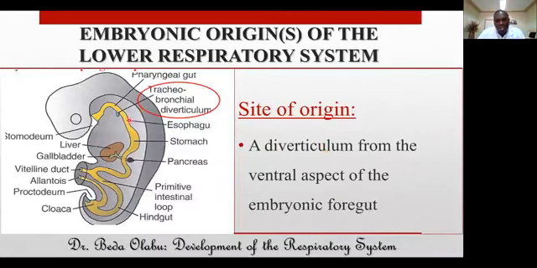This being the foregut, up to there, then midgut there, then hindgut. The ventral aspect of the embryonic foregut is the one that gives us the lower respiratory tree. So this will coincide with the level of the larynx downwards, which comes from the foregut.